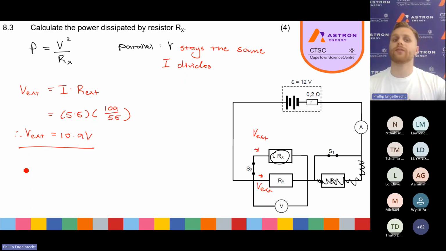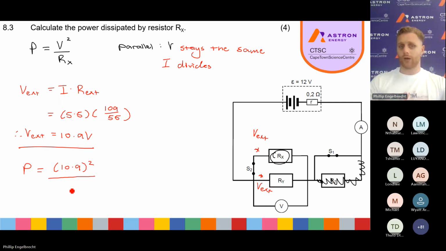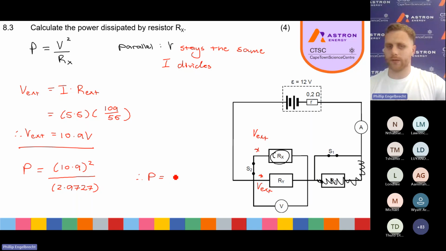So now I can calculate the power. Power is simply the external voltage, 10.9 squared, divided by our resistance. And what was the resistance for resistor X? It was 2.9727. You type this on your calculator and you get that your power is 39.96. Do we understand how we got that?